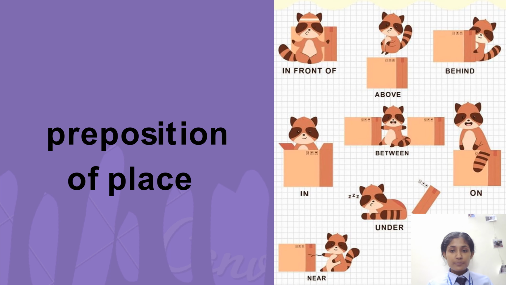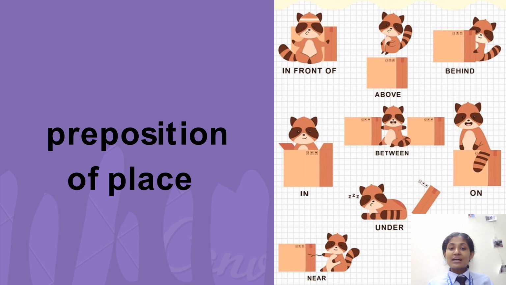Now it's preposition of place. It signifies the exact position of the subject or the noun. Like if I'm saying I'm standing in front of the table, that means I am standing ahead of the table. If I go and stand on the table, so I'll say that I am above the table. Basically, not above, like if I stand and if I have a distance between the table's floor and my feet, then I'll say above.